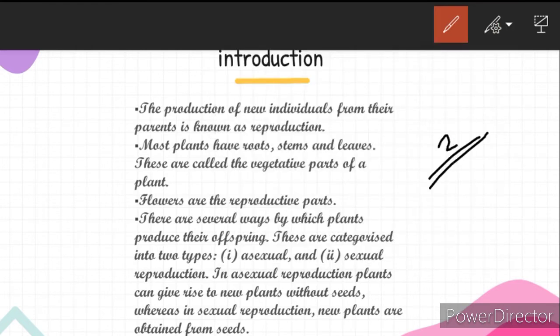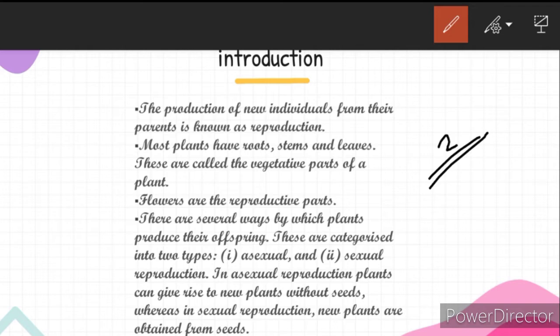Now what is going to happen in asexual reproduction? New plants will grow, but without seeds. There will be no requirement of seeds, people. Without seeds means asexually. And when it comes to sexual reproduction, the plants reproduce and seed formation takes place, and new offspring are produced from seeds.